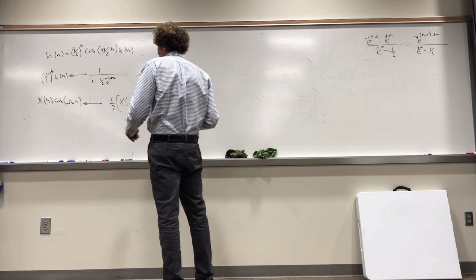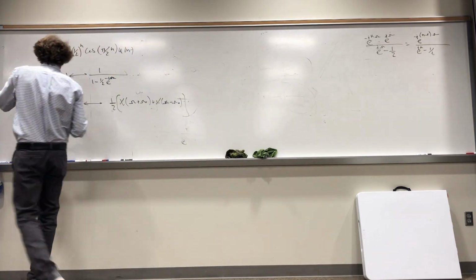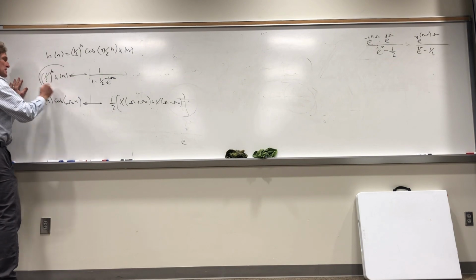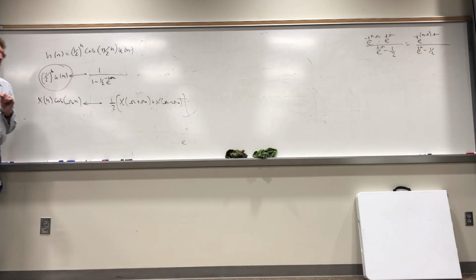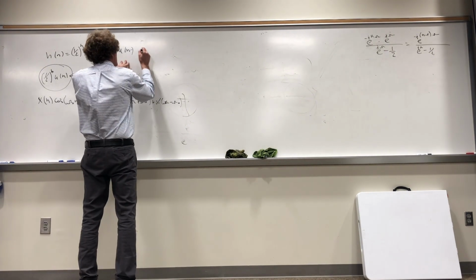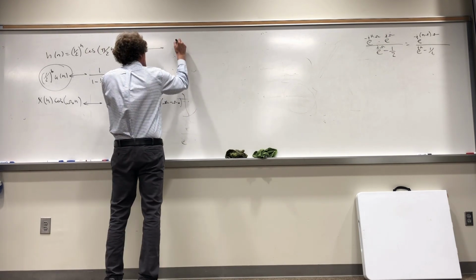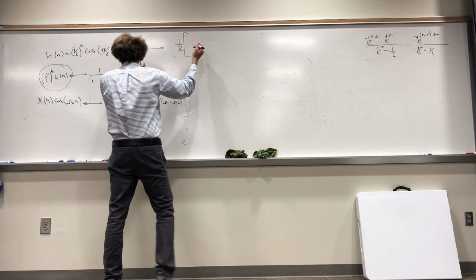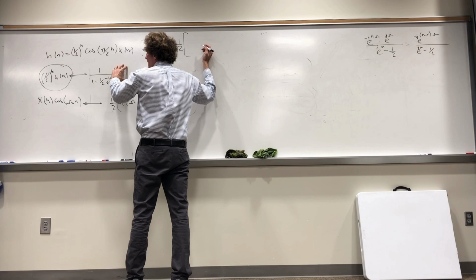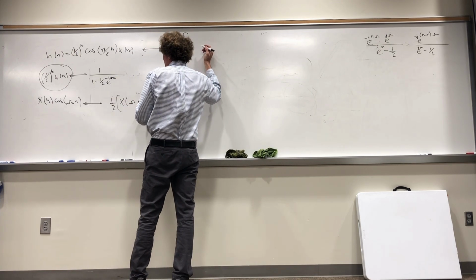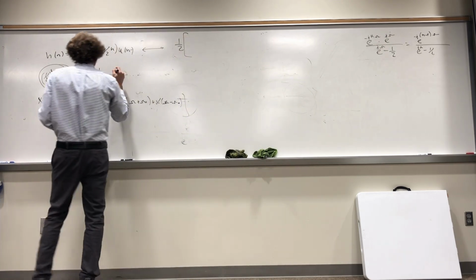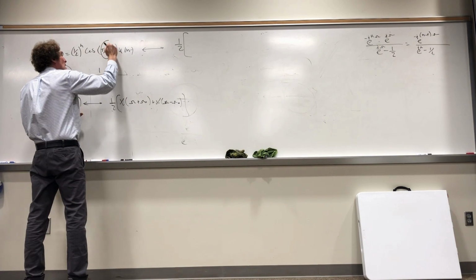So when I look at this, I say really my x of n is this, correct? So for this one, the 1/2 you put out right away. Then you see this is my x of n, and now I have to add omega naught to it. What is omega naught? Pi over 2.